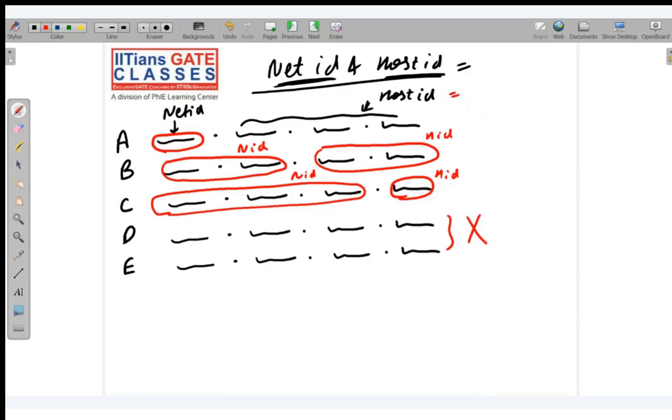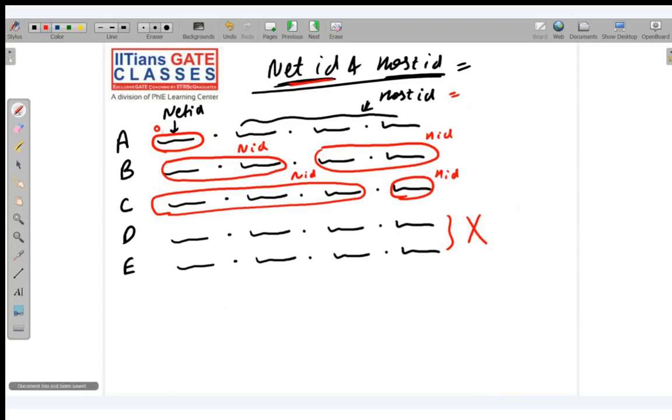Please try to remember, in class A, I have told you the first bit of the first octet is reserved as 0. Since the first bit is reserved as 0, how many bits are remaining in the first octet? 7 bits are remaining. And I have told you net ID is the first address of the block.